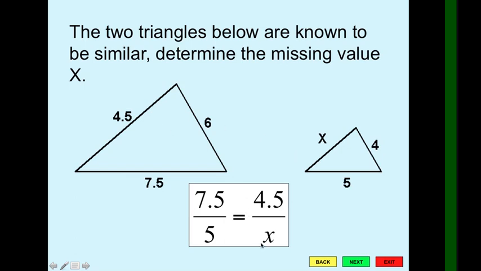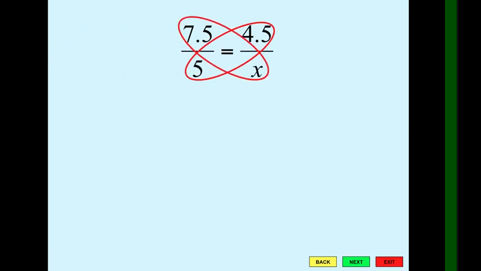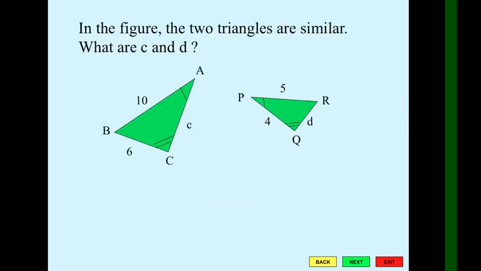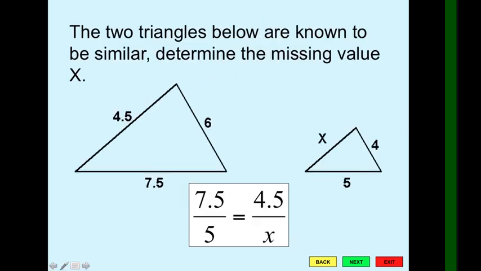We will do the cross multiplication. So we have 4.5 times 5 and 7.5 times x. Multiply 5 times 4.5, you have 22.5. Divide both sides by 7.5 and you will get 3. Okay? 3 yung nakuha natin. Therefore, the measurement of x is equal to 3.